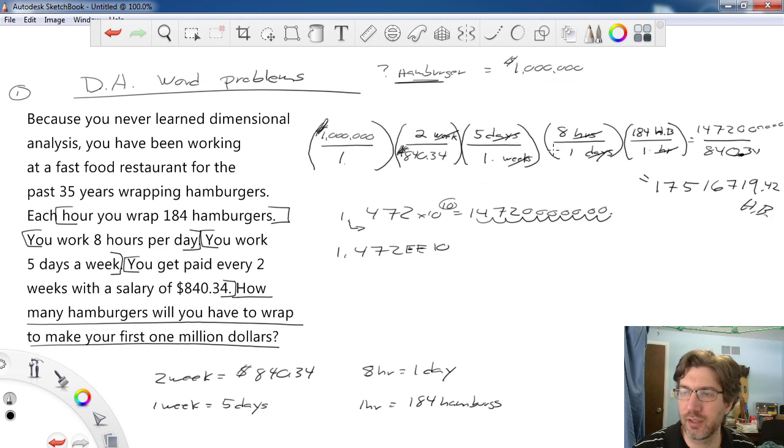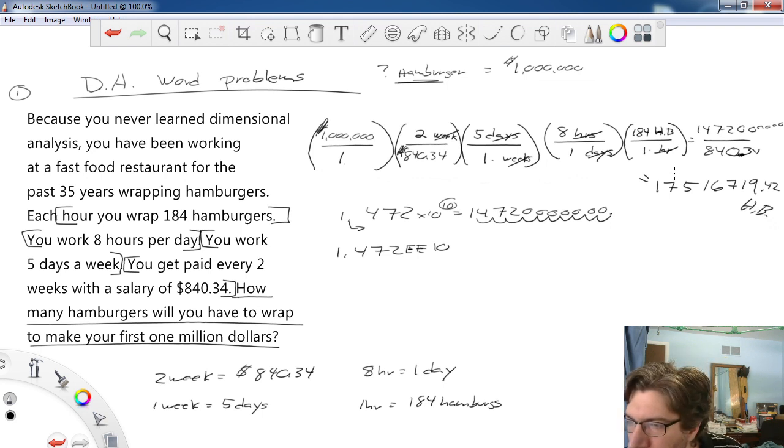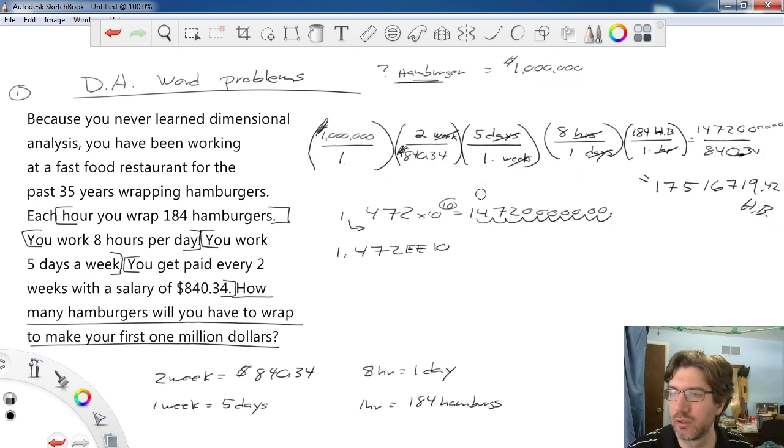So did you get something like that? Yeah, Eli, that's your numerator. You need to then divide that by your denominator, which is the 840.34. Yeah, that's all I did. As I multiplied the numerator, I did 1,000 times 2 times 5 times 8 times 184, and it gave me this number.